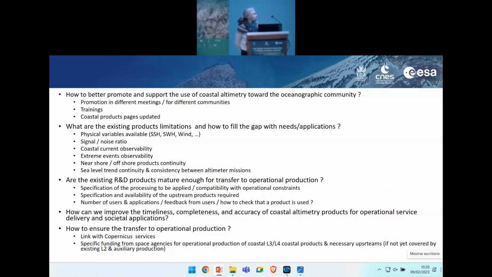What are the existing product limitations and how to fill the gap with the needs or applications. So we had physical variables available in terms of sea surface height, significant wave height, wind. What do users actually want? And there's a spatial resolution difference also, and what is actually needed, and how can we actually do it?